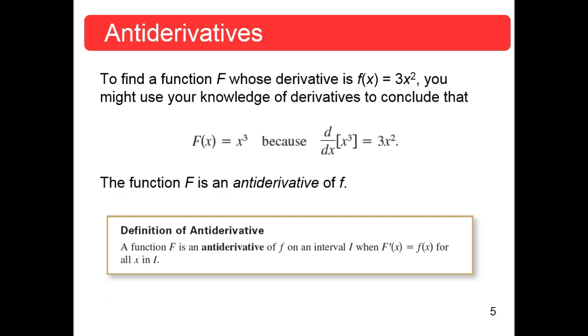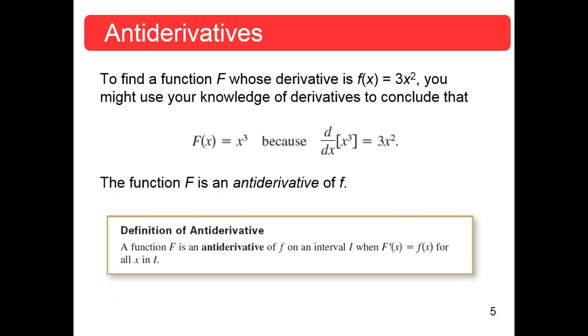So again, they did all that as if you're starting with integration, but really you're going to start with antiderivatives. Now, what we're going to do is find some function, capital F. All before this, our functions have been little f's, haven't they? There's a reason for this. We want to find a function whose derivative we know is this. We want to find the function F whose derivative that is, okay? You might use your knowledge of derivatives to conclude that the only way you can get this to be the derivative is if your original function was that, right?